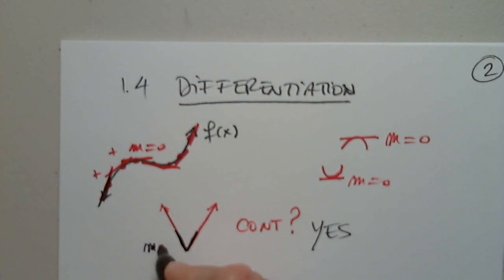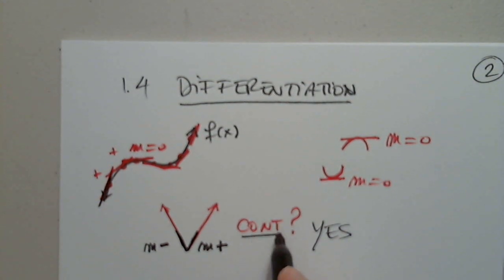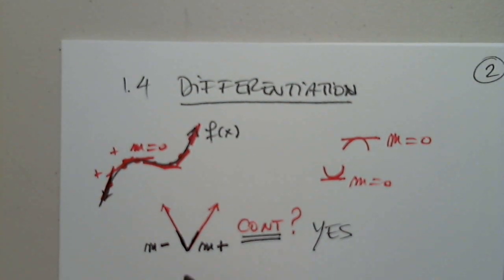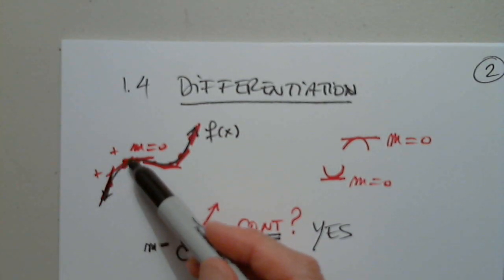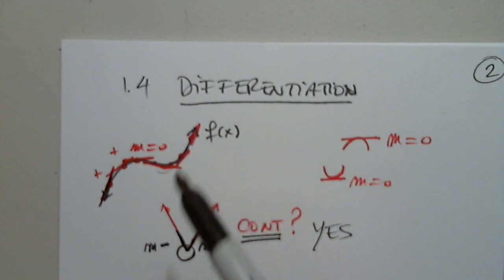This one has a negative slope, and here is a positive slope. Although the function is continuous, at this particular point we cannot determine the rate of change like we determine it here.